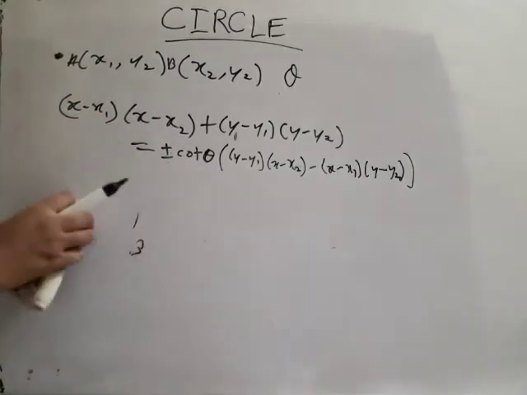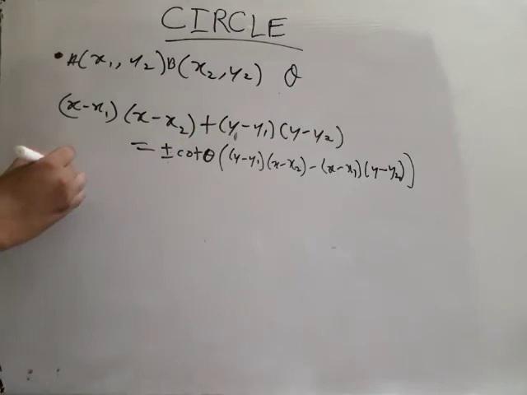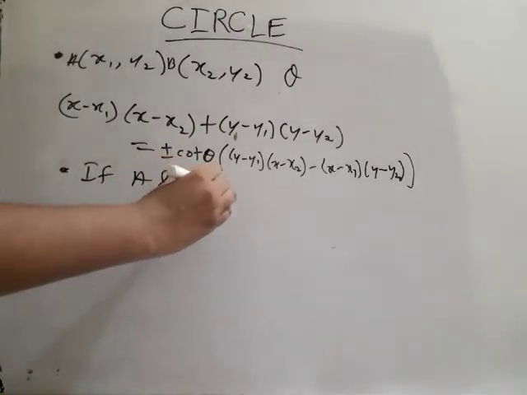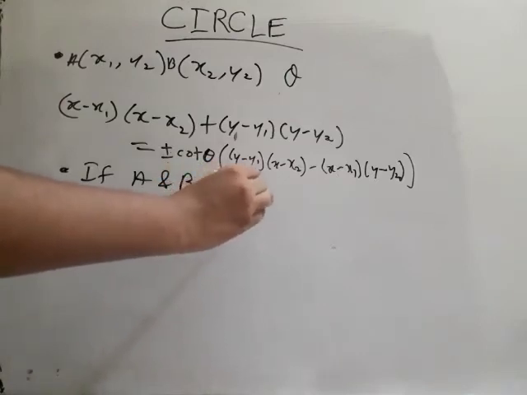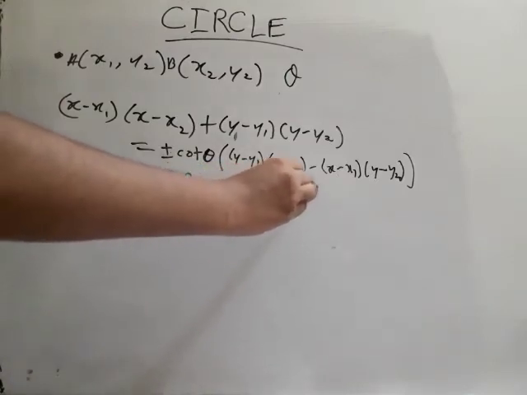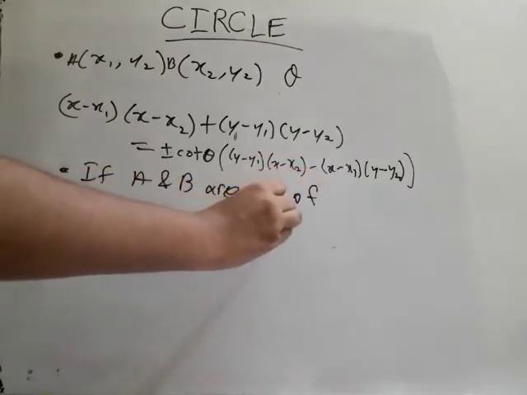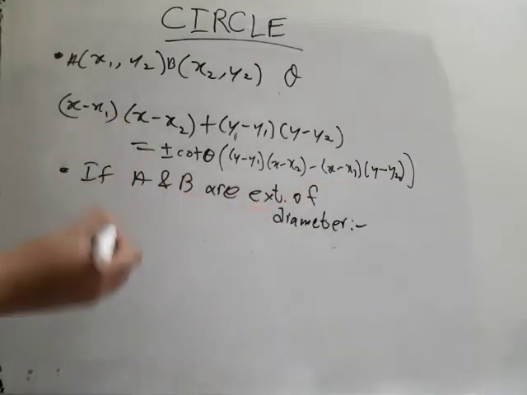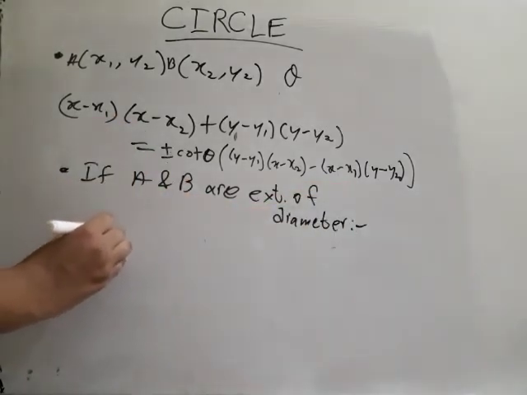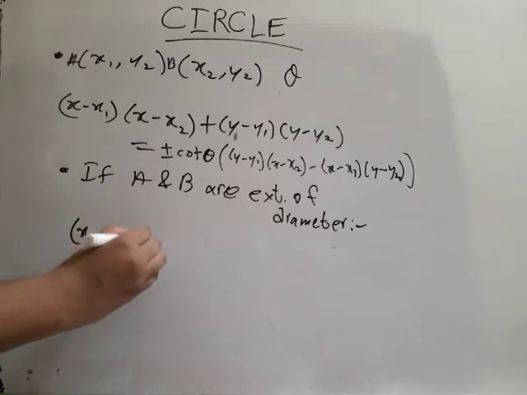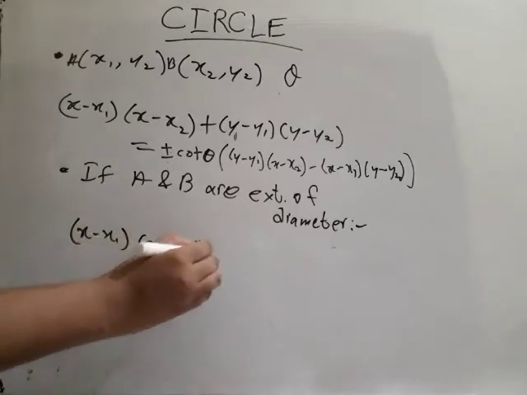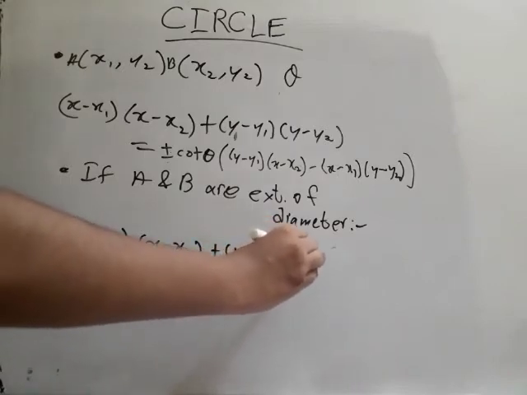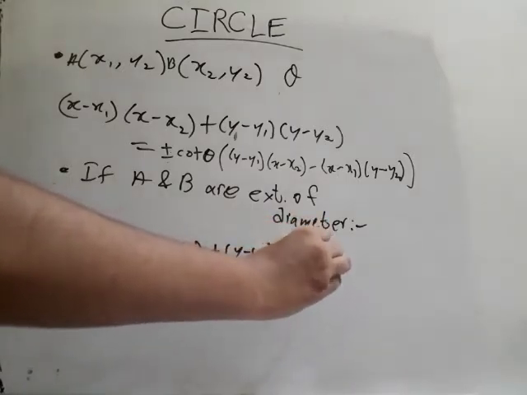So if A and B are extremities of diameter, then equation of circle comes out to be x minus x1 into x minus x2 plus y minus y1 into y minus y2 equal to 0.